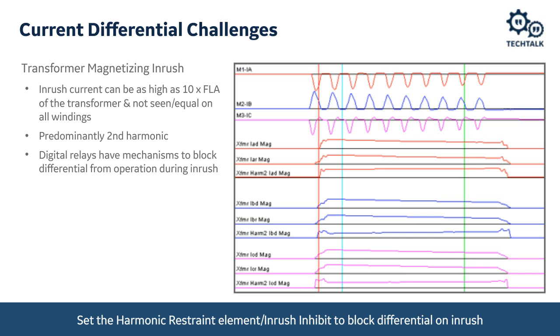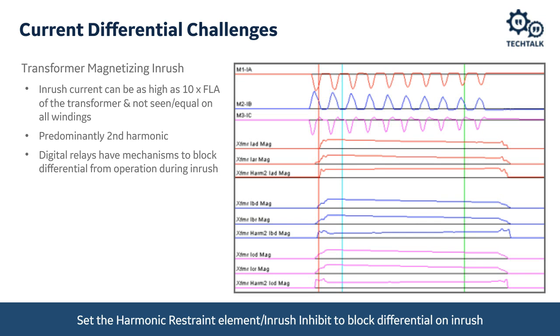The red group is the phase A differential and restraint current, and then the magnitude of second harmonic, which you can see is pretty high in comparison. Then the blue and pink groups are phase B and C, and you see that the currents, especially the second harmonic, are not the same in all three phases.